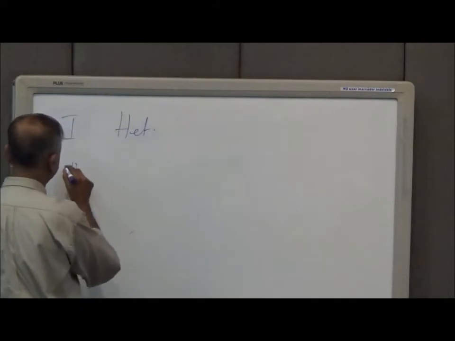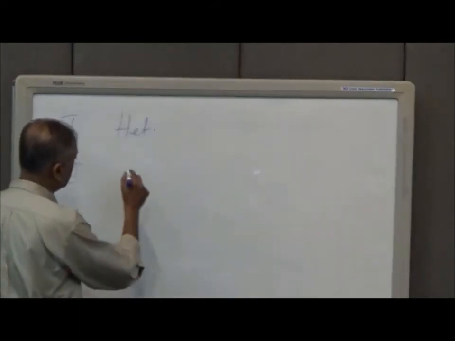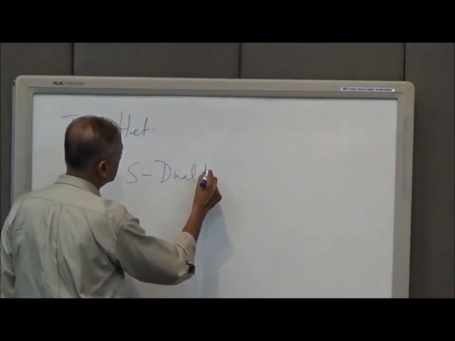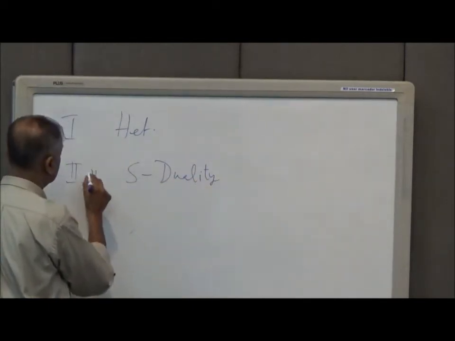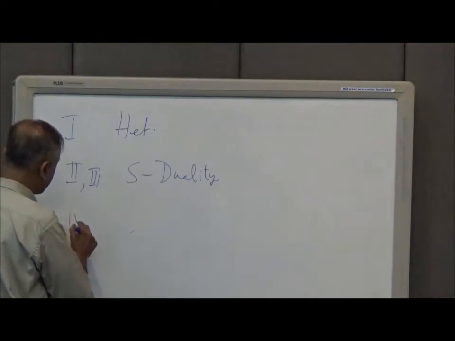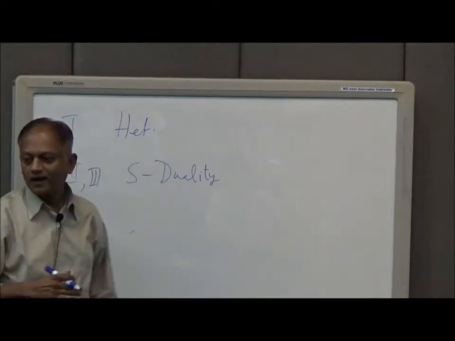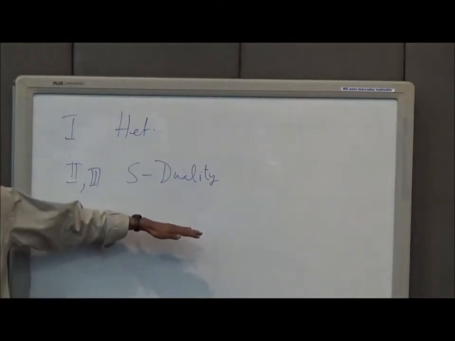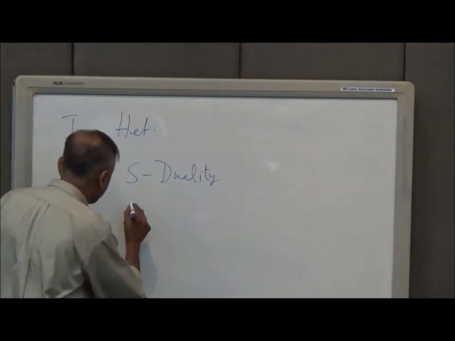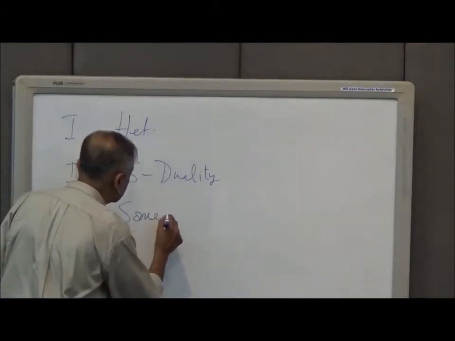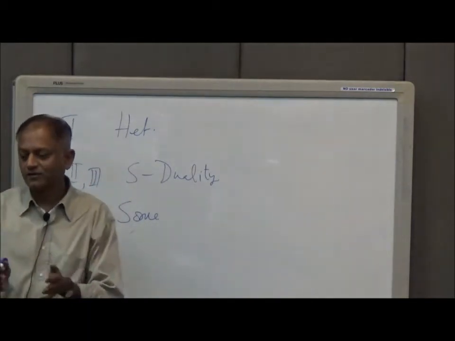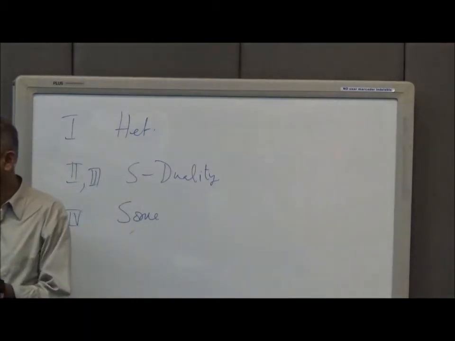In the second lecture, I will start talking about the S duality. Second and third lecture, actually. And in the fourth lecture, depending on how much I can cover in the first three lectures, I will try to give some more detailed evidence for this S duality, some non-trivial evidences. Of course, in the second and third lecture, I will give more or less trivial evidences, which have to be true.